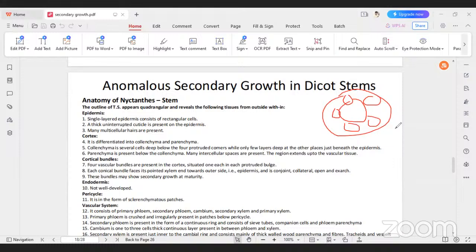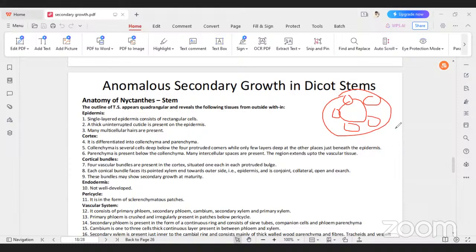Absence of vessels in the xylem. That is also an abnormal character. If you take the secondary xylem, it should contain vessels. If the vessels are absent, that is also an anomalous, abnormal character. The presence of exclusive phloem and xylem bundles, exclusively phloem in xylem bundles.